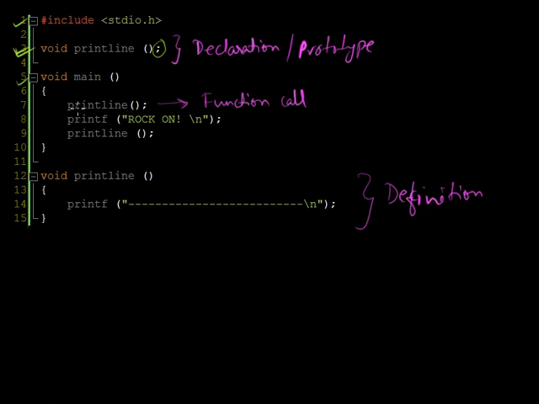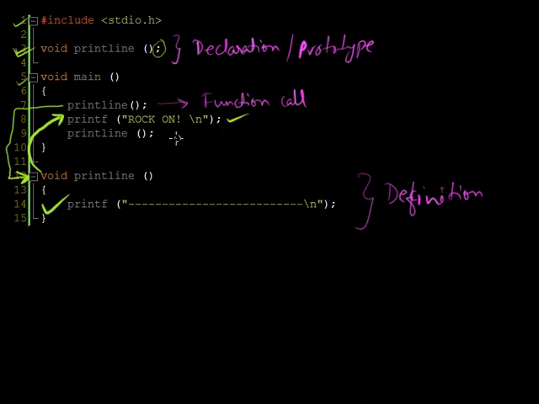Now as soon as it encounters print line, the control goes to the function print line. It jumps from this call of print line to the actual definition of your user defined function, executes your function, and then goes back to where you came from, back to main. Now the next statement will be executed.